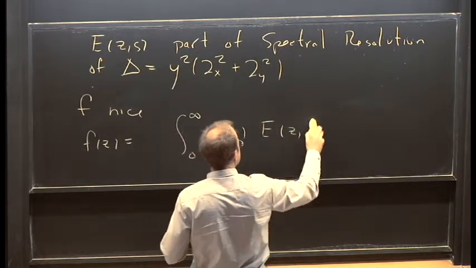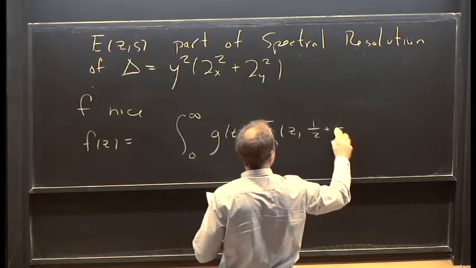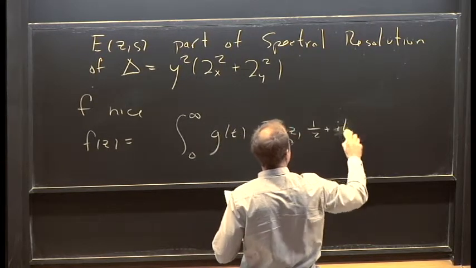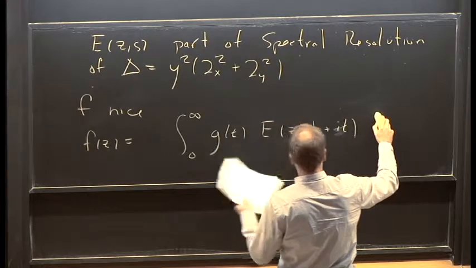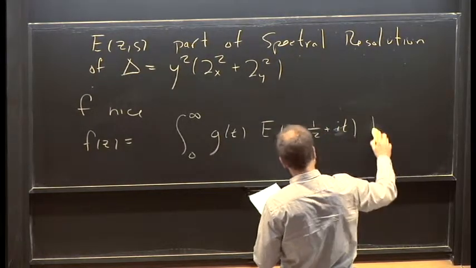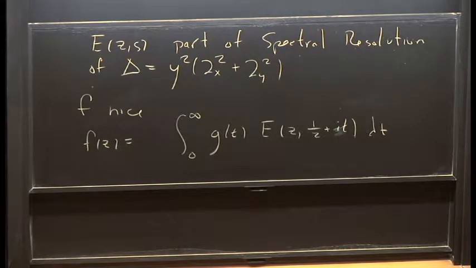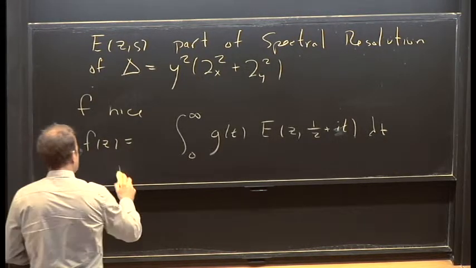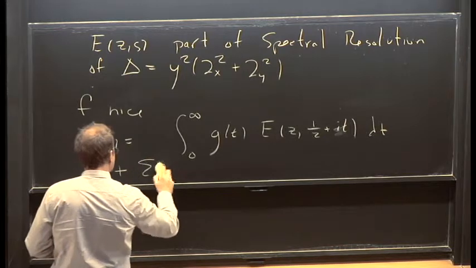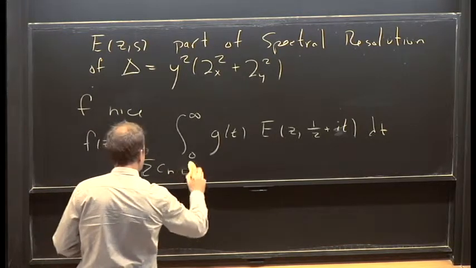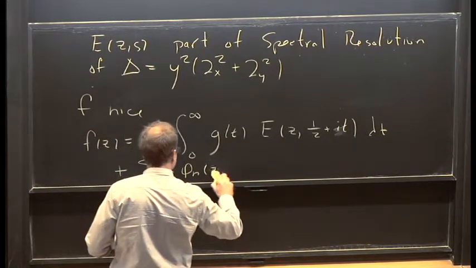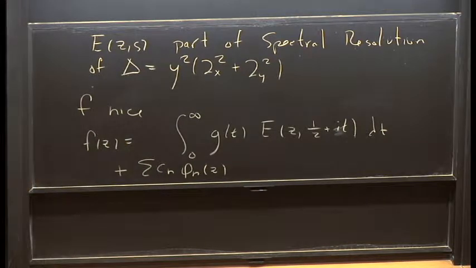But you integrate the Eisenstein series along the critical line against some kind of Fourier transform of your original function. And wouldn't it be nice if that were all you had to do, but no. There's also a discrete part, which I happen to be glad exists in this case, involving cusp forms, mysterious Maass cusp forms of weight 0.